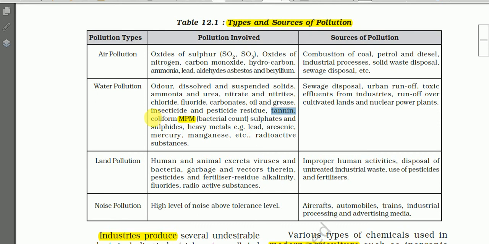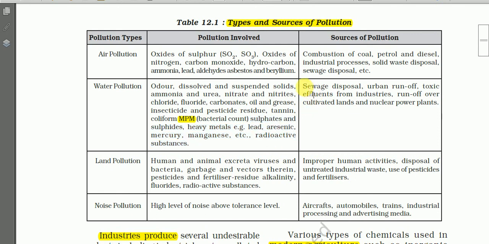And coliform bacteria, coliform MPN. MPN stands for most probable number. This is a method used to estimate the concentration of viable microorganisms in a sample of water, so bacteria count. Then sulfates and sulfide, heavy metals, for example lead, then arsenic, mercury, manganese, then radioactive substances. All these are toxic, lead, arsenic, mercury, all these are toxic.